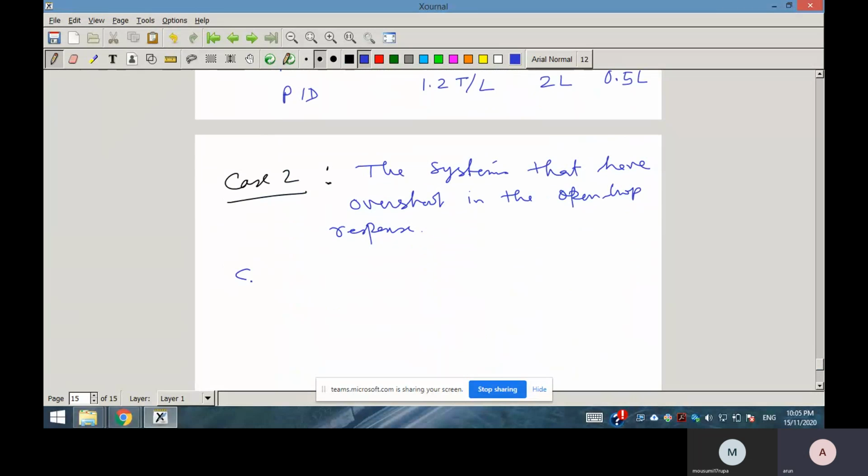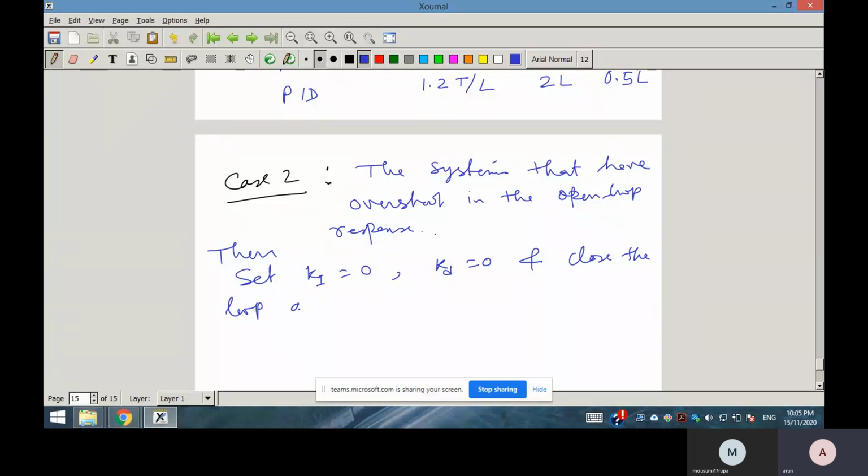The procedure: set Ki equal to 0 and close the loop.